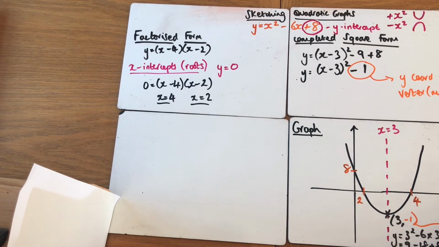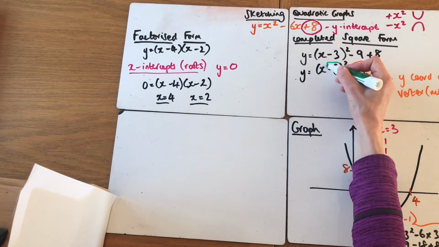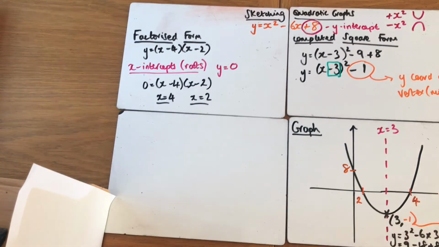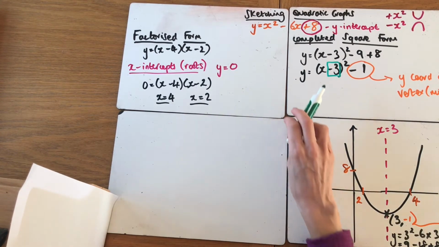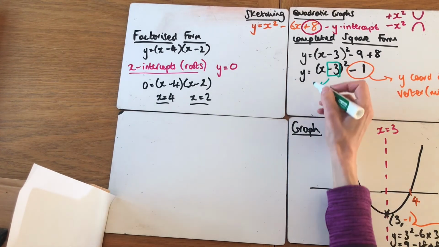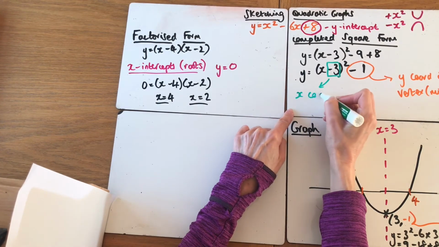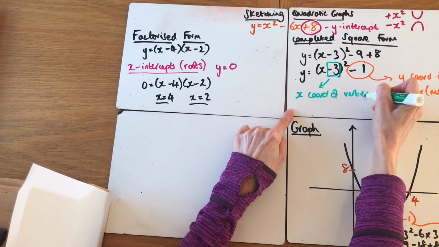How then do we get the 3? How do we get the x-coordinate of the vertex of the graph? Well, that comes from this 3 inside the brackets. But what we need to be careful of with the x-coordinate is we need to change the sign. I've got a minus 3 inside the bracket, but my x-coordinate is plus 3. So this gives me my x-coordinate of the vertex.